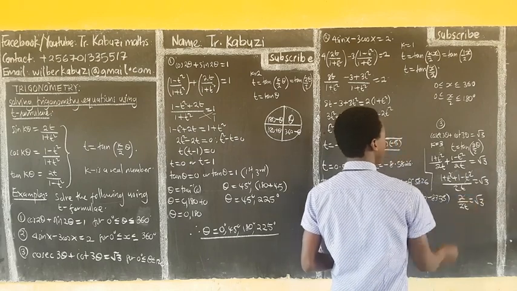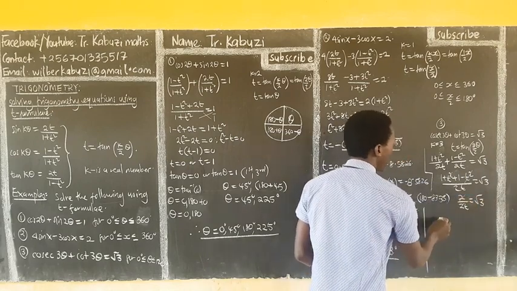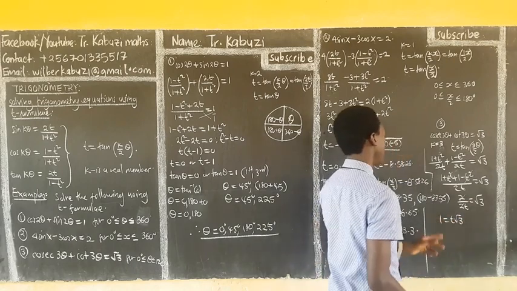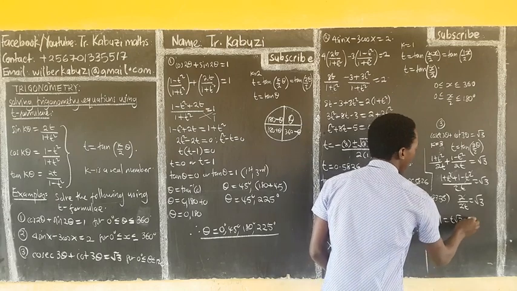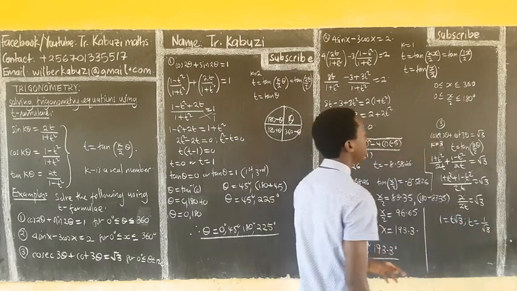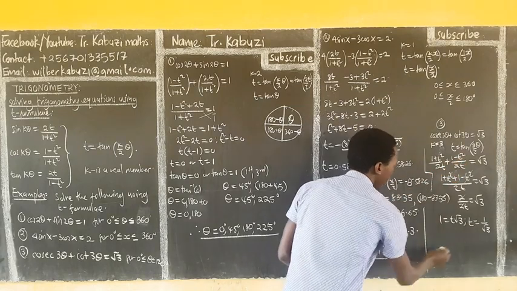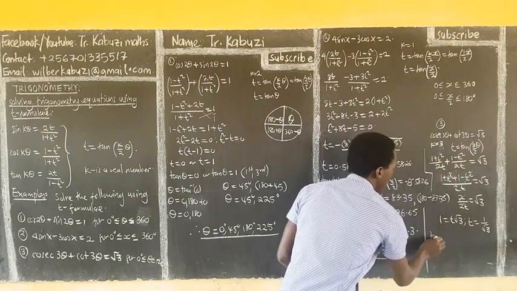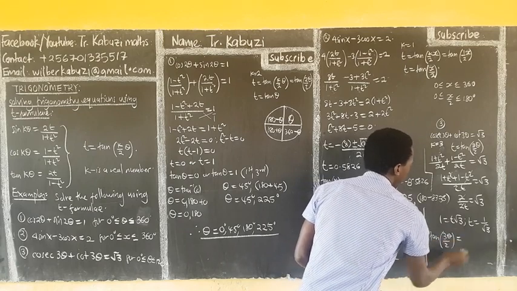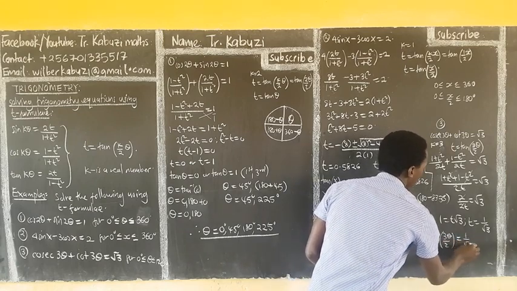See that this 2 cancels, and you see that this will give me 1 equaling to t root 3. So if I bring this side, you see that from here, my t will be 1 over root 3. What is my t? My t from here is tan of 3 theta over 2 equaling to 1 over root 3.